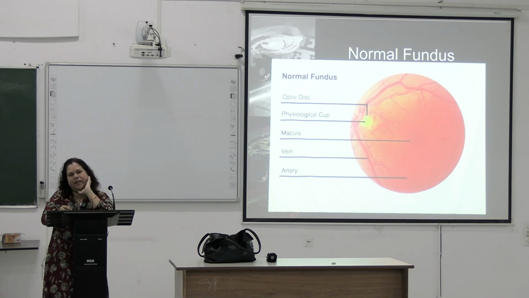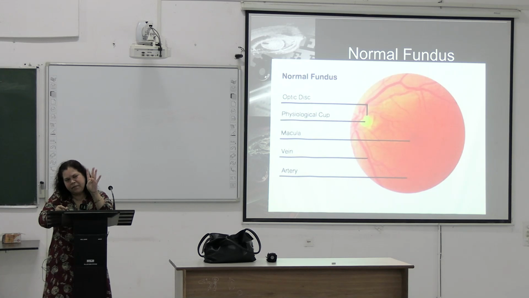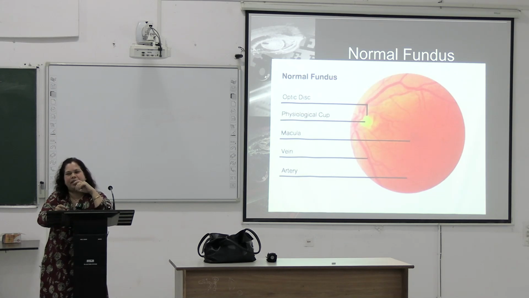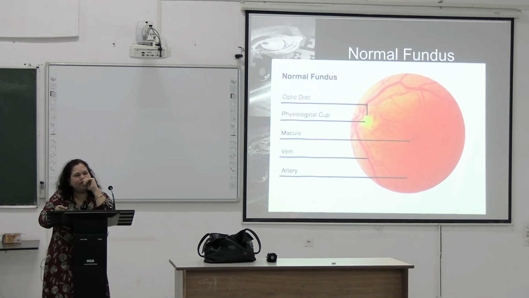Types of refractive error: hypermetropia, myopia, astigmatism and presbyopia. Then pass the second one. What is hypermetropia? Hypermetropia.